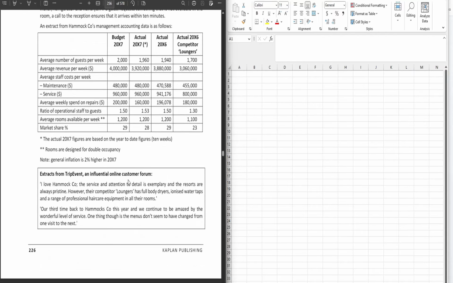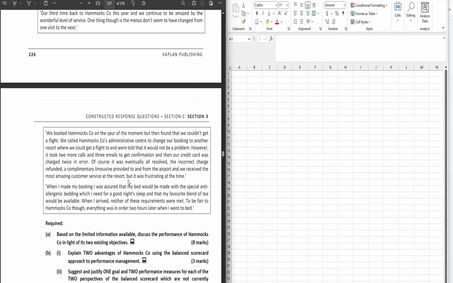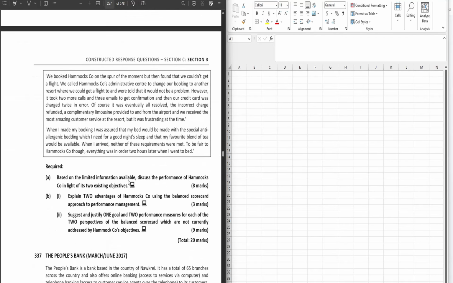Basically, this belongs to the topic of performance measurement, and you can see the question is worth 20 marks, and they have asked two requirements, and even in that there are sub-requirements as well.